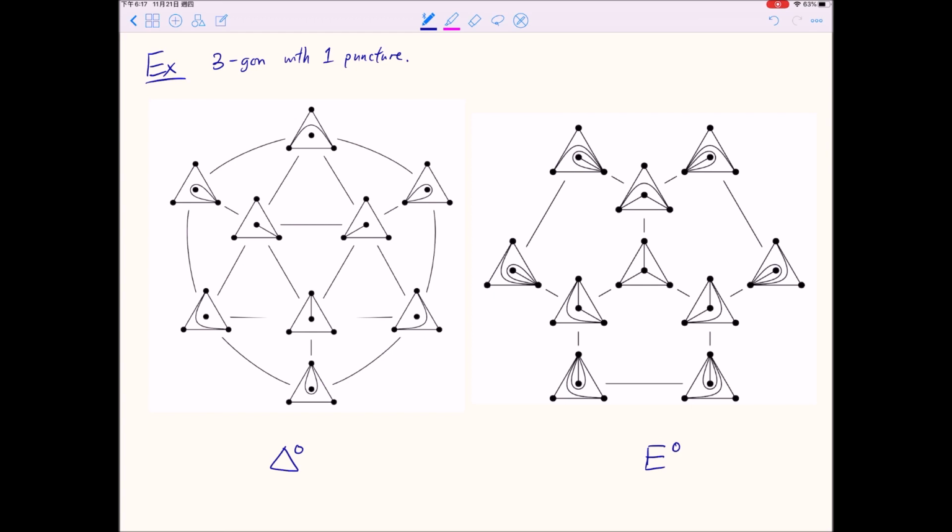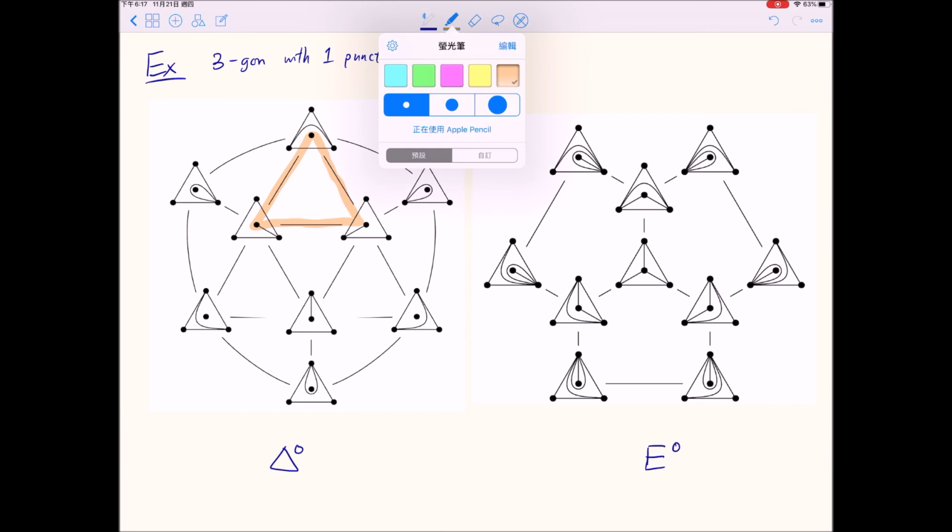And then you can see that each vertex of your arc complex will correspond to an arc, right? So this is an arc, this is an arc, this is an arc, for example. And a maximal simplex, in this case a triangle, will correspond to a triangulation involving, say, this arc and this arc.